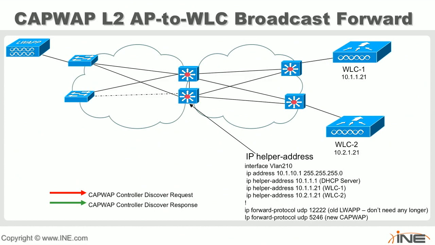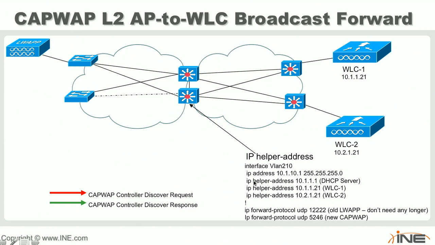DNS is another one, but there are like 6 or 7. But we can go ahead and add to that list. So DHCP is already covered. If I just say IP helper address and give it a specific unicast IP address, it will take all broadcasts for all UDP ports covered by the IP forward protocol command down here, those default and those explicitly defined, and forward them on to this IP address.